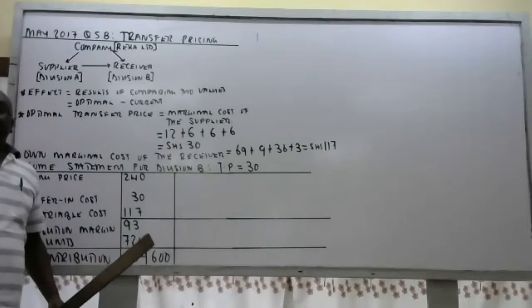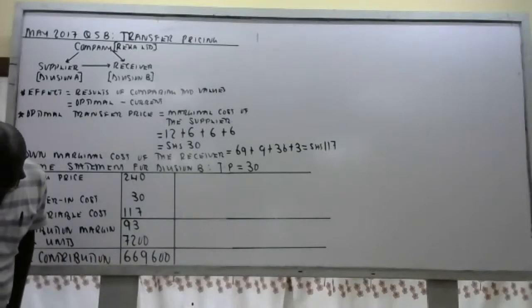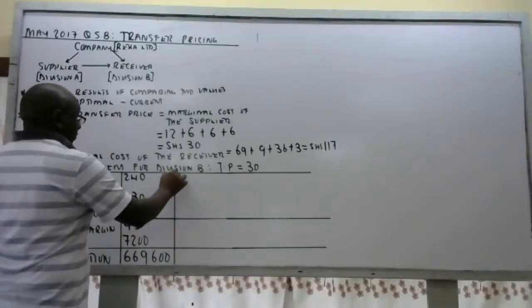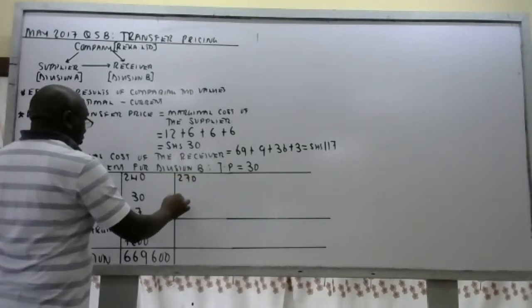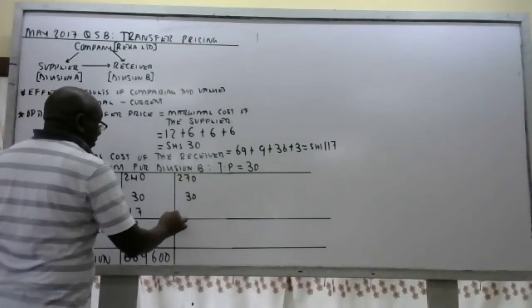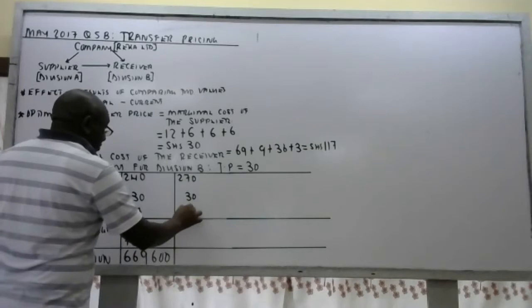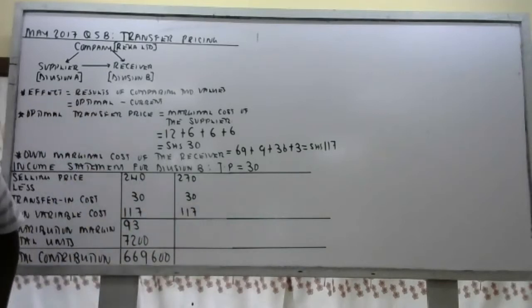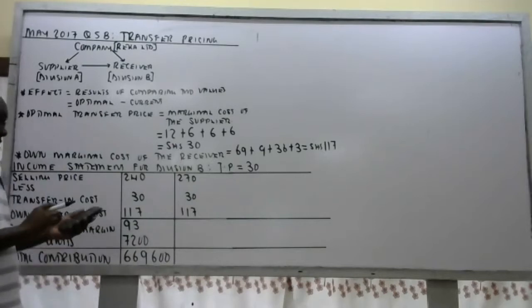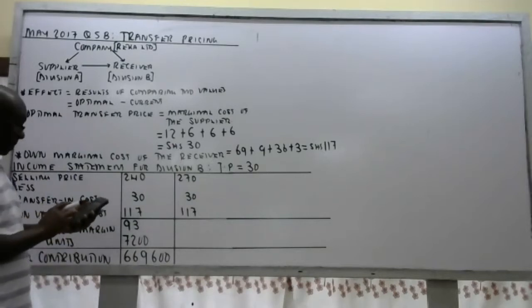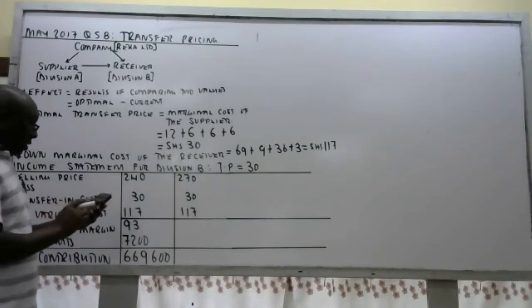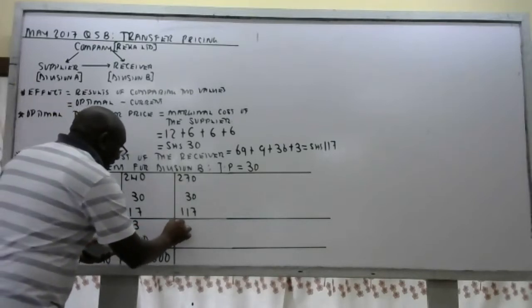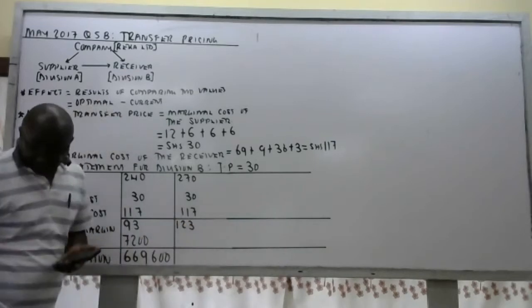Then you go to the next price, which is 270. The transfer remains 30, and this one remains 117. So you will say 270 minus 30 minus 117, I have 123.